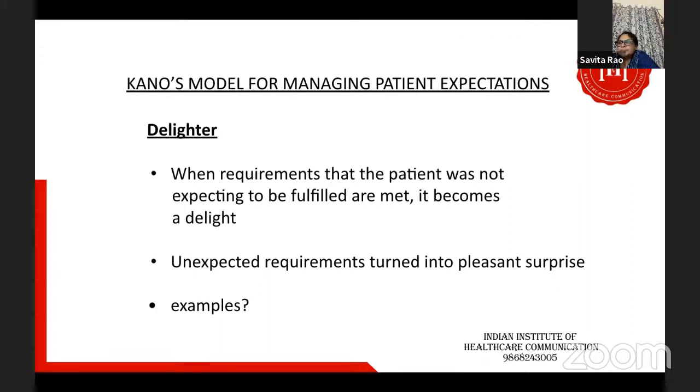How many of you have visited the passport office recently, especially the ones managed by Tata? Anybody who has visited in the last 5 years or so? If you visit, you will actually feel delighted.